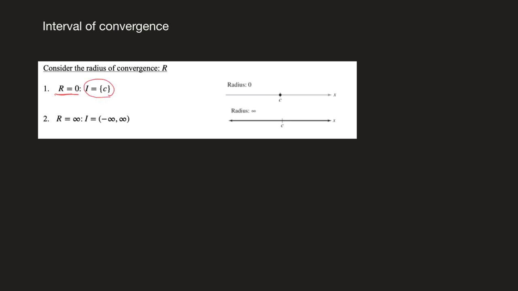So the interval of convergence is just 1 point. x equals the center makes the power series converge. So that's the interval of convergence. If the radius of convergence is infinity, it means all real numbers make the power series converge. So the interval of convergence is negative infinity to positive infinity.